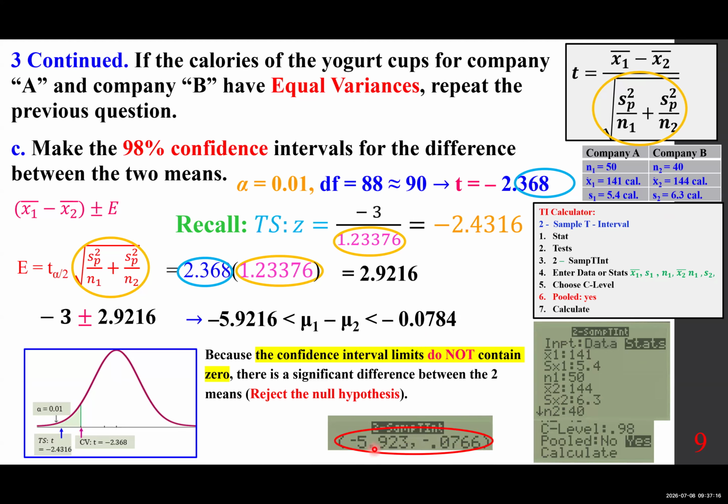And there's really not much of a difference. Extremely close. Again, because the degrees of freedom we had was 88, and what we had to use was 90.